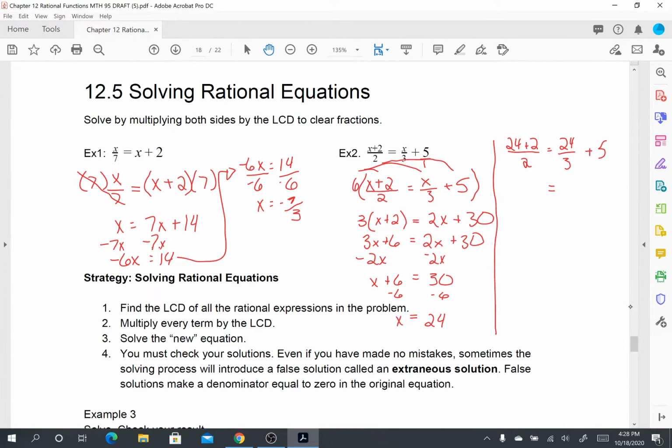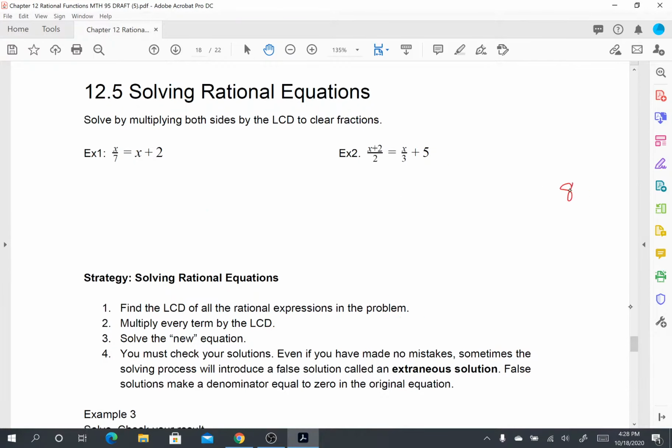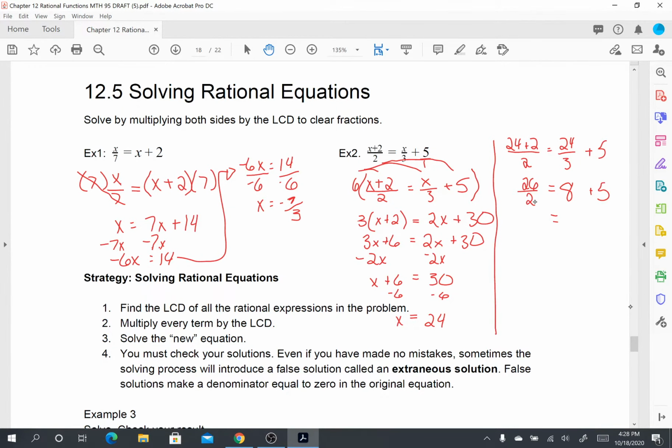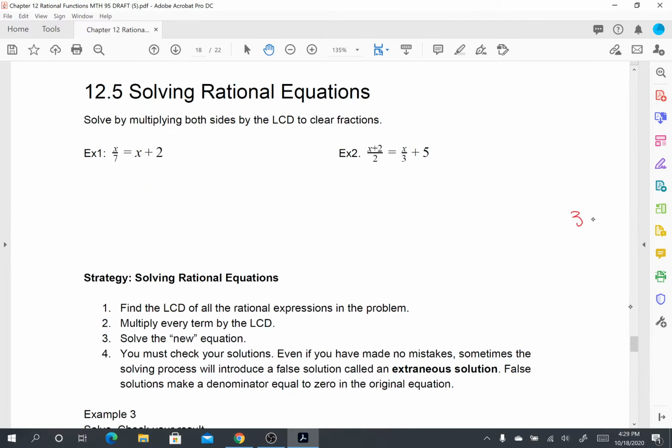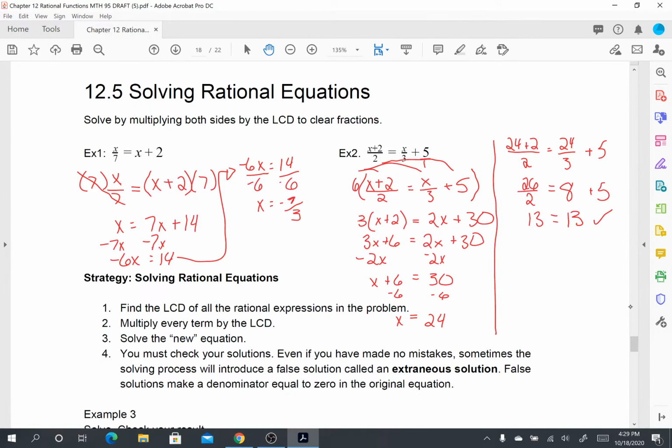All right, and so that would be 26 over 2 equals, what is 24 divided by 3? Sounds like 8. All right, and 26 over 2, that's 13. Is 13 equal to 8 plus 5? I hope so. So that solution of 24 worked out. So that's what a check is going to look like.